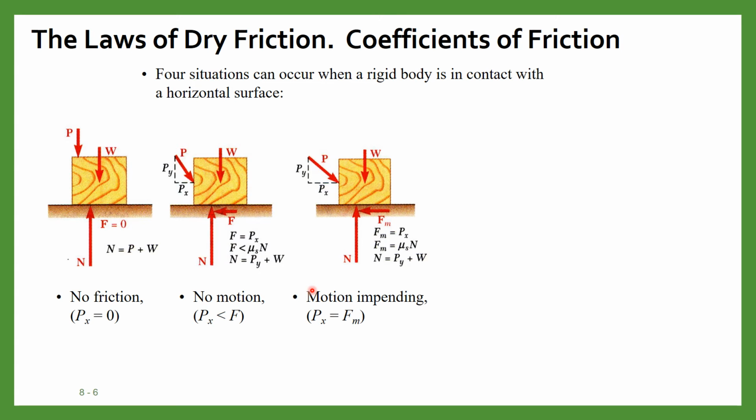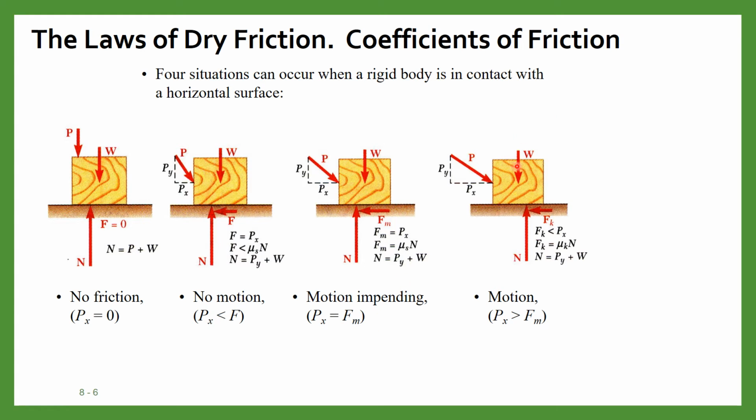Now the third condition is that motion is impending, meaning motion is just about to start. So we call it motion is impending. In that case this Fx will be equal to Fm. And the fourth condition is the motion, when this force is such that it imparts motion to this block.